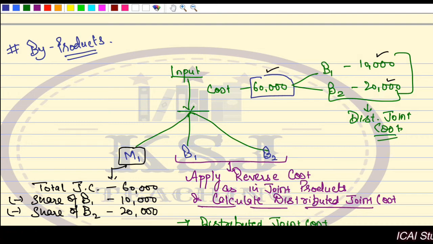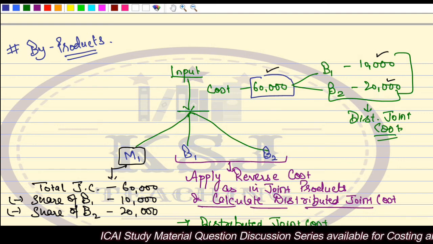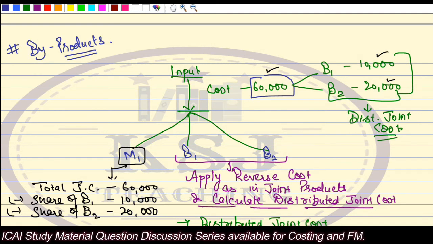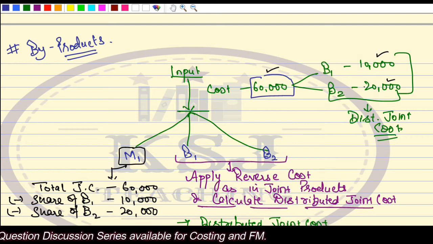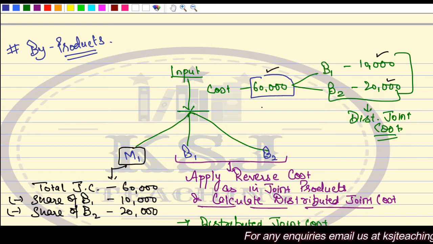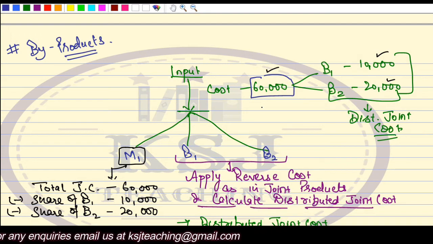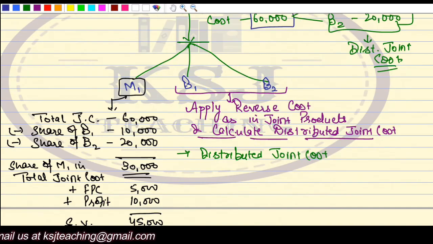Now, if out of the total joint cost you subtract the share of B1 and B2, what will be left is the share of M1 in the total cost. If out of 60,000, 10,000 is B1, 20,000 is B2, if I subtract these two, what will be left? The remaining 30,000 is obviously the share of the main product, that is M1. Clear? This is how the reverse cost method is to be used in case of byproducts.